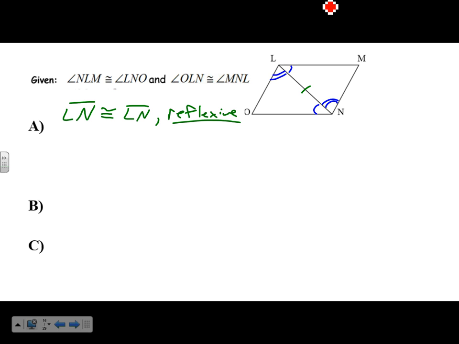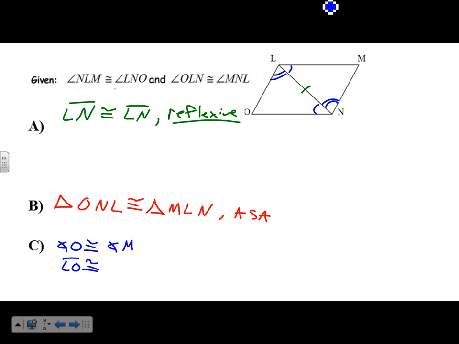So then that means triangle O, L, N. Doesn't matter what order you put that in, but then it's got to correspond M, L, N. And I know that because angle, side, angle, which then means angle O is congruent to angle M. LO is congruent to NN. And LM is congruent to ON.